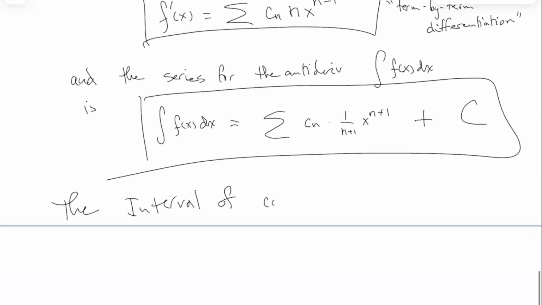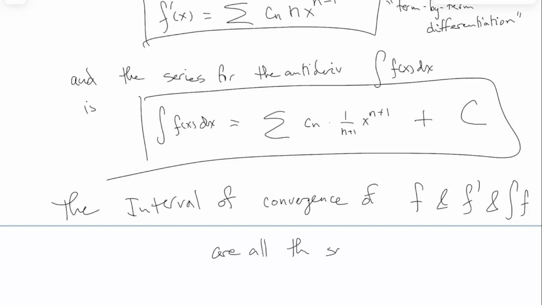The interval of convergence of f and f prime and also the integral of f are all the same. So when you do one of these more sophisticated tricks, taking derivatives or whatever, you don't have to do anything weird to the interval of convergence.